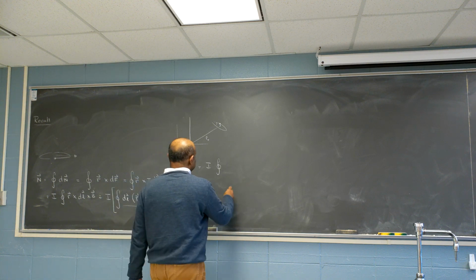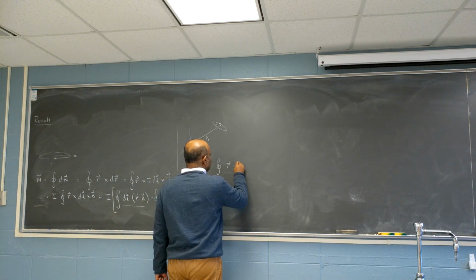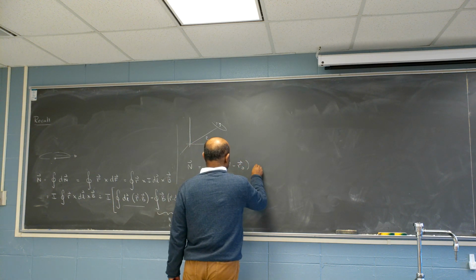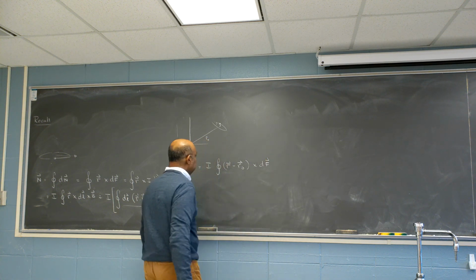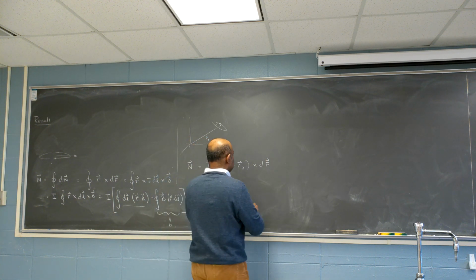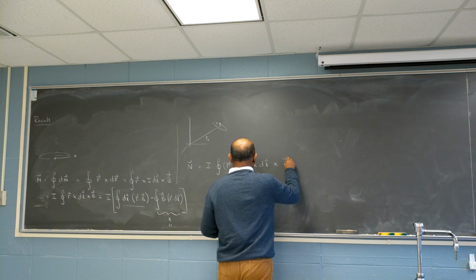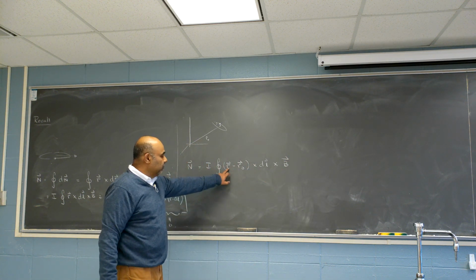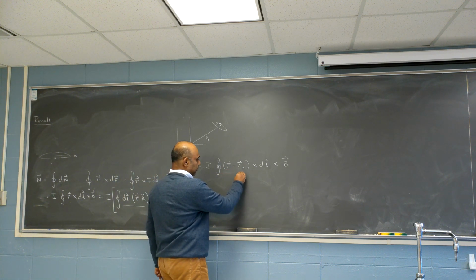R cross dF, so R minus R0 cross dl cross B. We won't have to work hard at all. So we actually used this first term, right? Now let's look at this term.